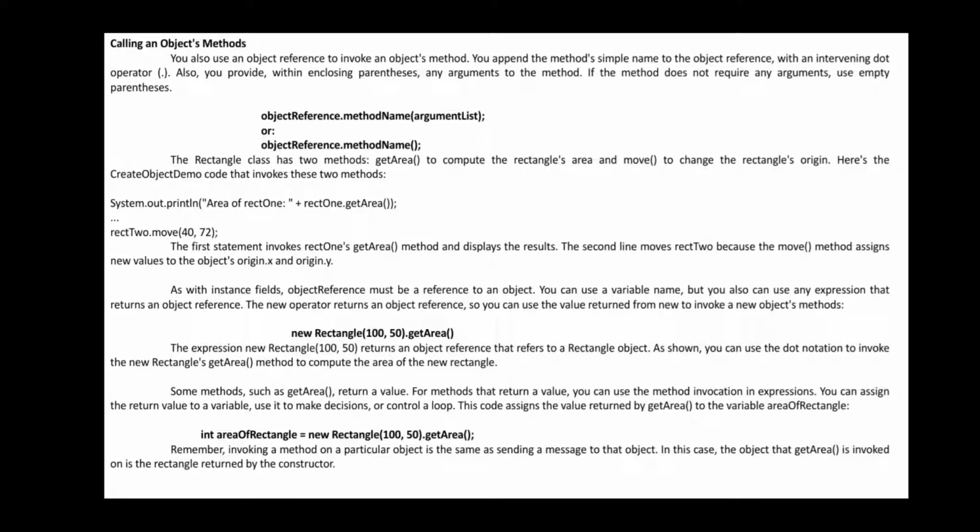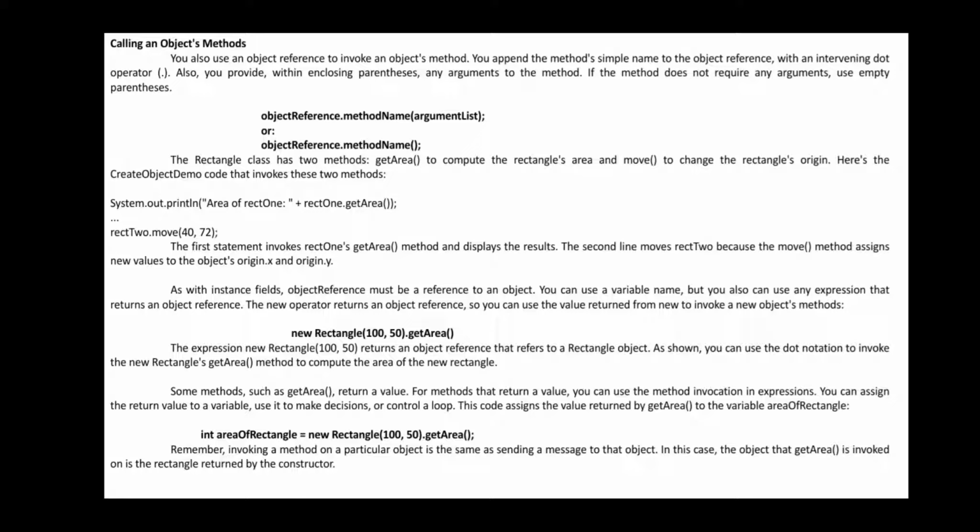System.out.println of area of rect1 plus rect1.getArea(). Rect1 is the object of the Rectangle class, and it will call the Rectangle method getArea without any values or arguments.